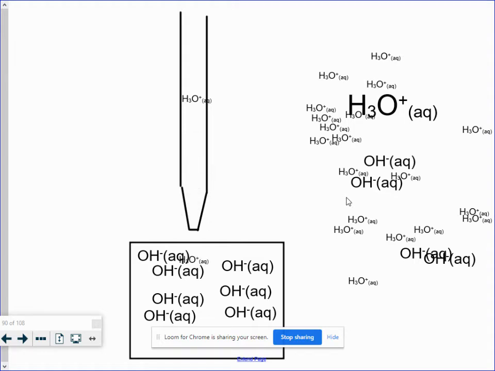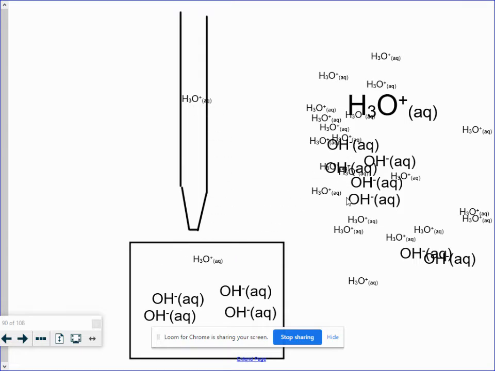Oh, here comes another one. Okay, takes away. So even though we've added now a bunch of hydronium, the substance that's left, we still have so much hydroxide, we still have a wicked high pH. The pH maybe hasn't changed until we get to the last one.